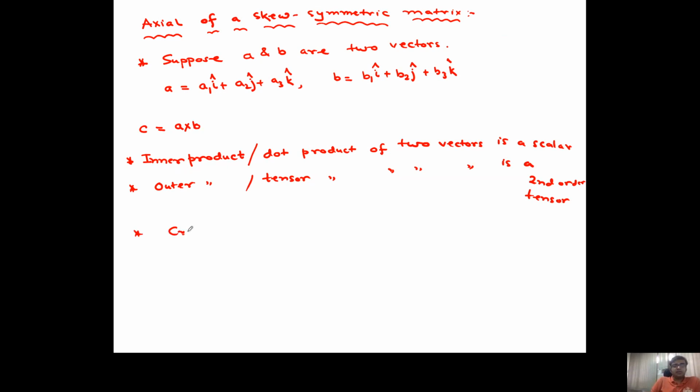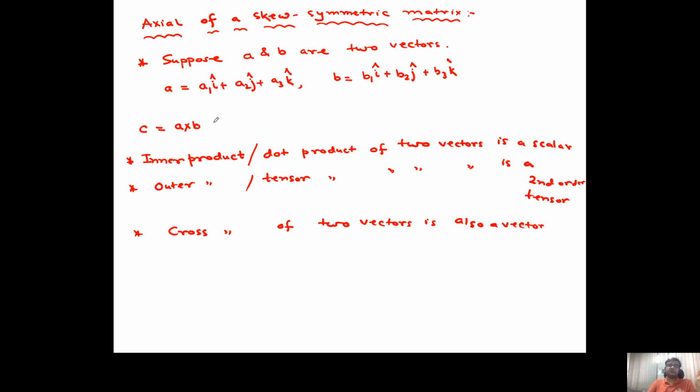And lastly, cross product, and that is what we will be doing now, of two vectors is also a vector, right? So do not confuse between cross product and tensor product. There is a difference. But in any case, we are right now focusing on cross product.